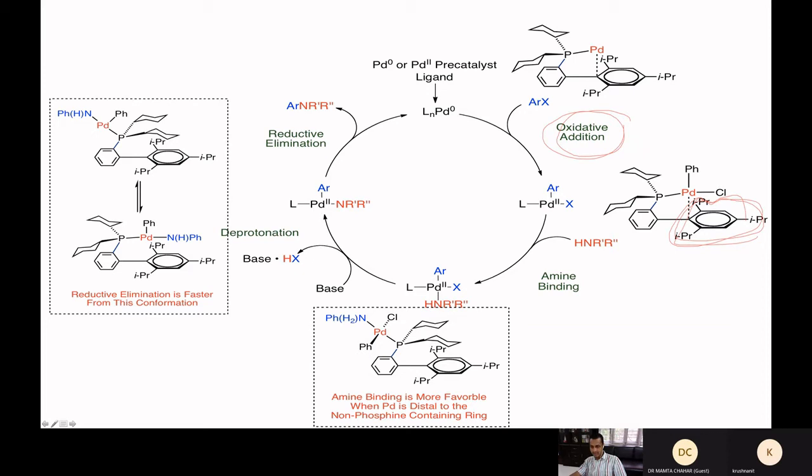But during amine binding, it cannot be on the phenyl ring, it comes out and binds, and then deprotonation or HCl comes out, right? But at that point, this is not a really good intermediate or good way to undergo reductive elimination. Reductive elimination would require bulk, and then subsequent species generated should be stabilized, and that is why palladium comes back in again.